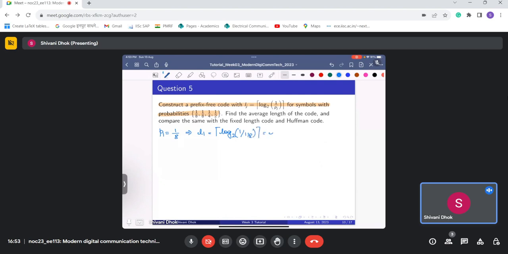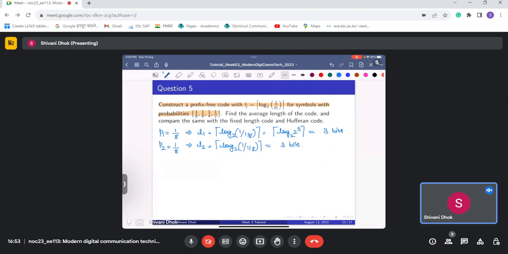This I can write as the ceiling of log 2 cube to the base 2, which is simply 3 bits. Similarly, P2 is 1 by 8, which means L2 is the ceiling of log to the base 2 of 1 divided by 1 by 8. Again this will be simply 3 bits.